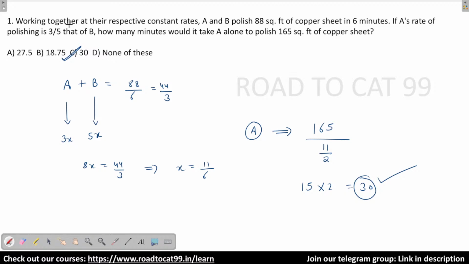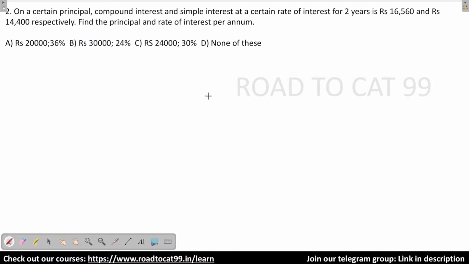Let's see the next question. This is the next question. Please try this question on your own first.